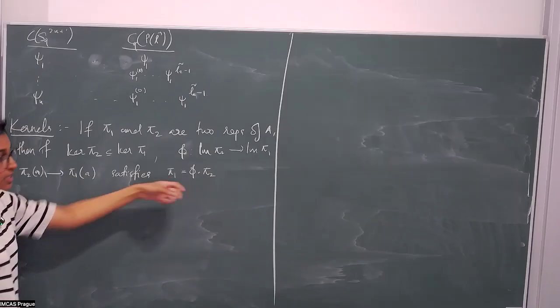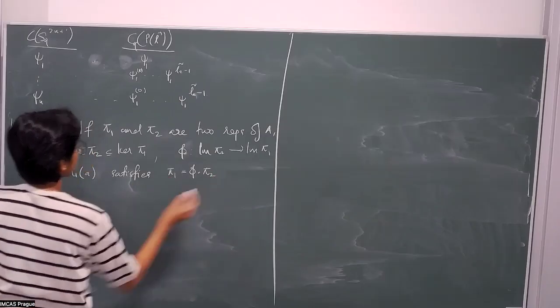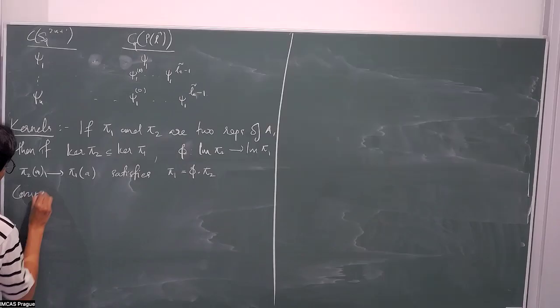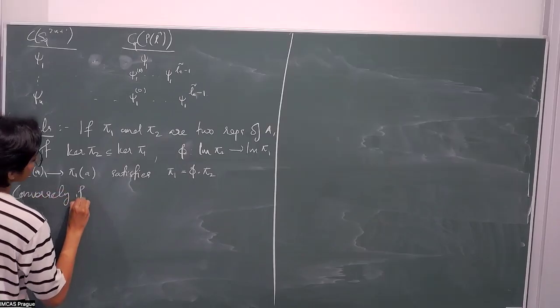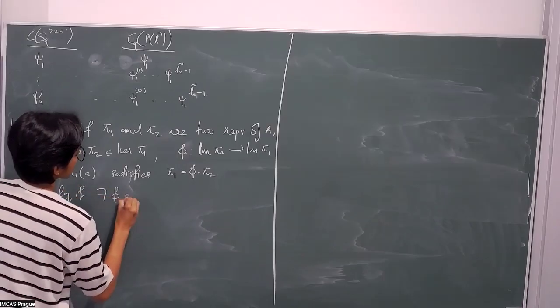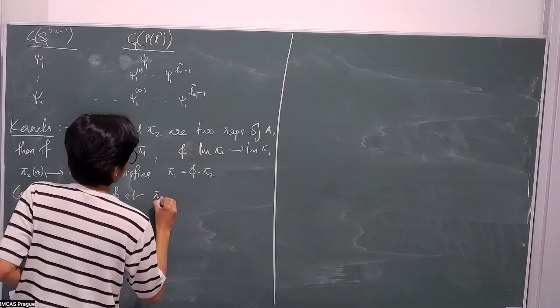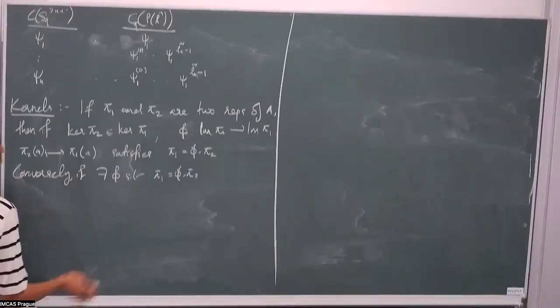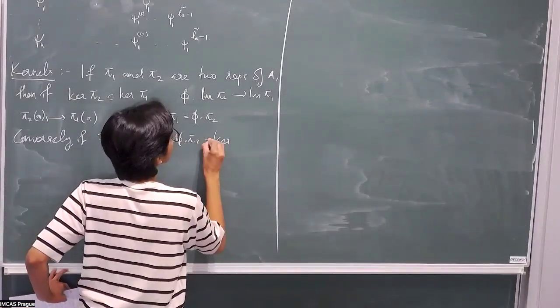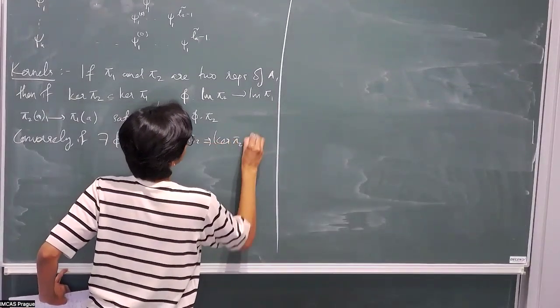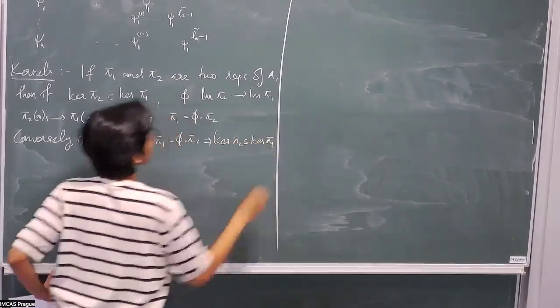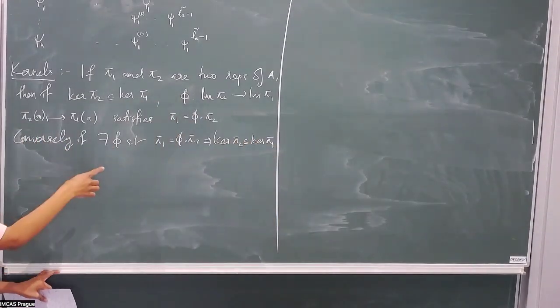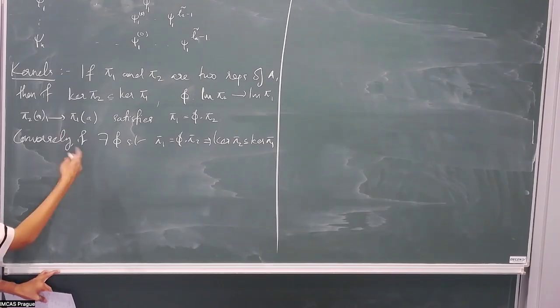And conversely, if there exists phi such that phi1 equals phi composed with phi2, then the kernel of phi2 is contained in the kernel of phi1. So then I would get this. So this is what we want.